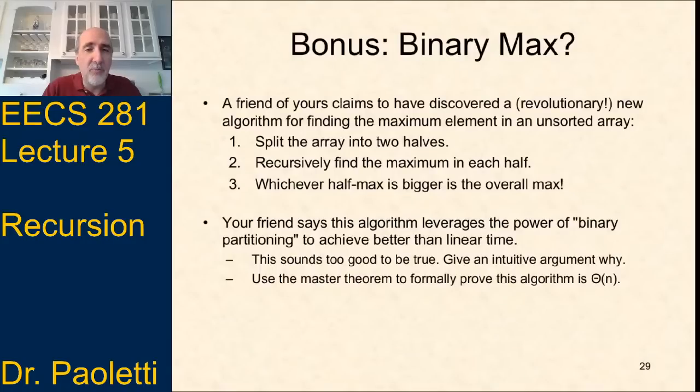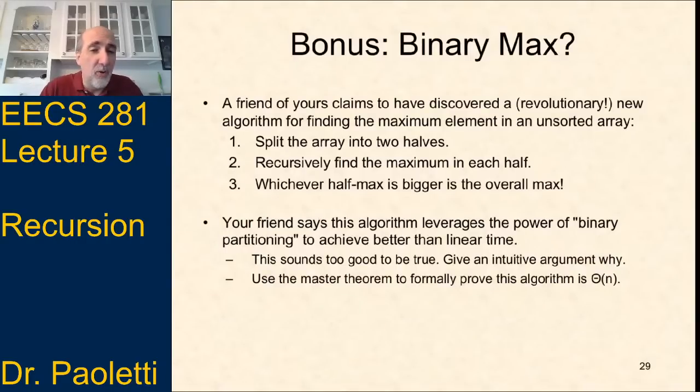I find the maximum in the first half, I find the maximum in the second half, and then I take the larger of the two. And because I'm dividing it in two every time, it's got to be better than linear searching. So they claim that, and you're having trouble convincing them of it.